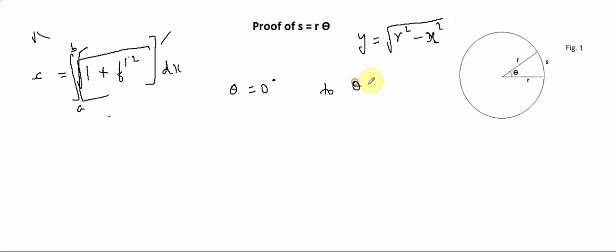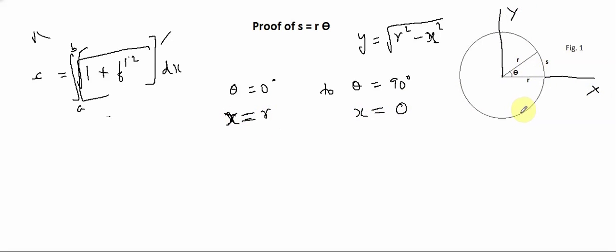to theta equal to 90 degrees. The values of x corresponding to theta equal to 0 is r, and for theta equal to 90 is 0. This is our y axis, this is our x axis.